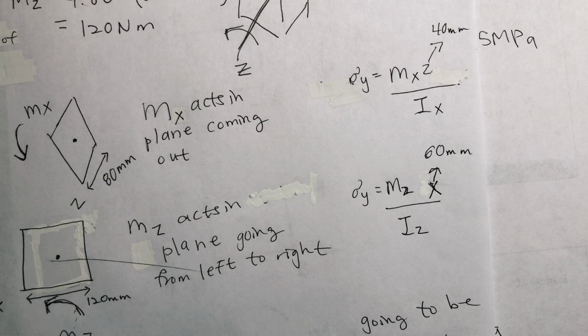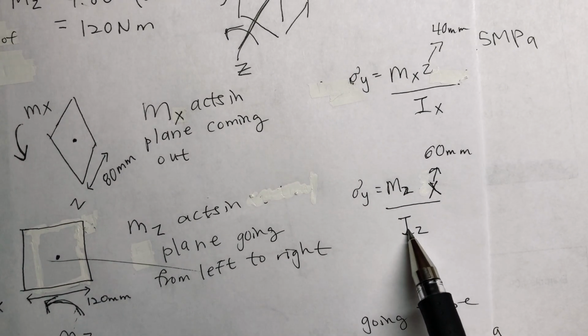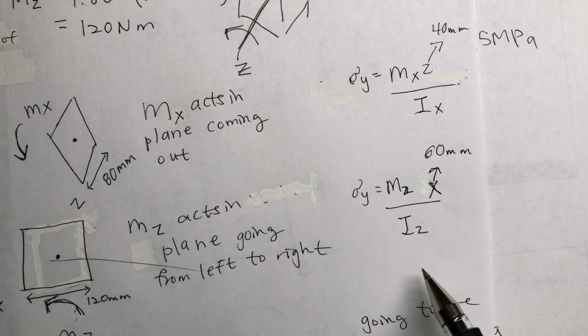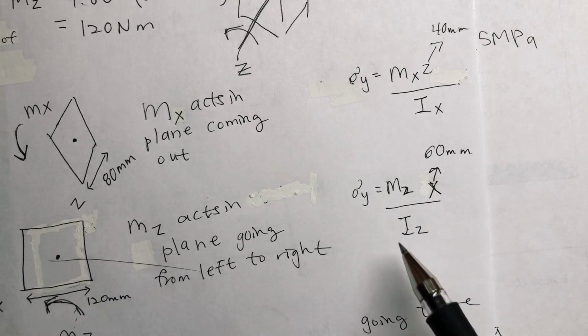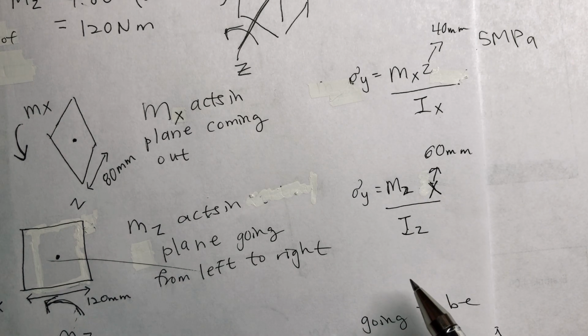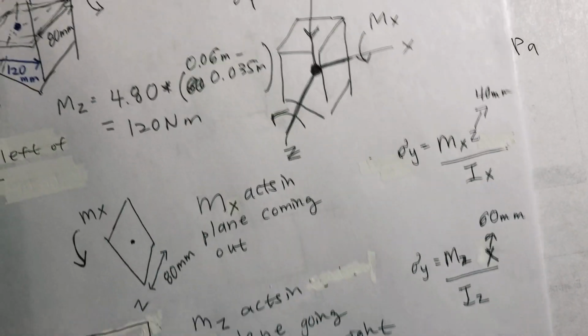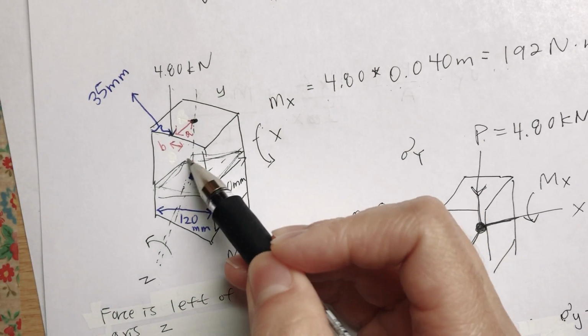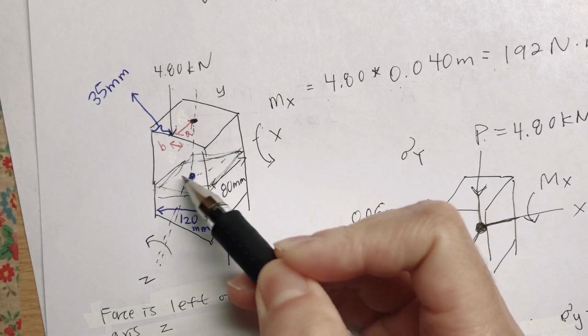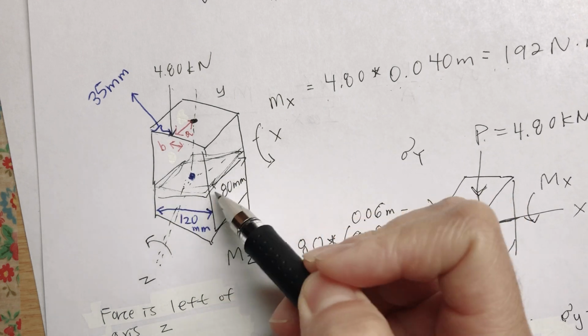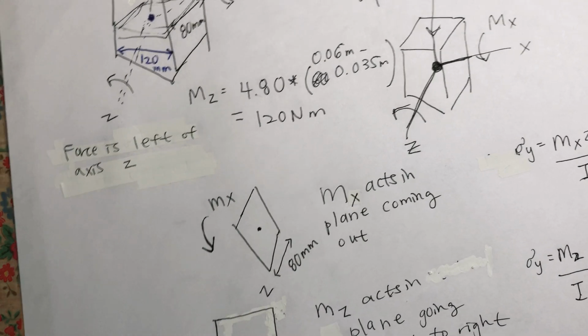Okay, so slide 21, you find Ix, Iz. I'm not going to go over that because I went over it in the last problem. It's just 1/12 b h cubed. Make sure you know which one's b, which one's h. A is just the area here, 80 millimeters times 120 millimeters.